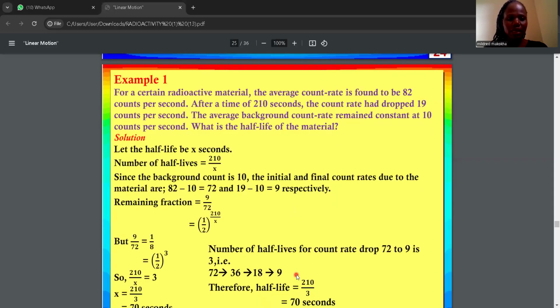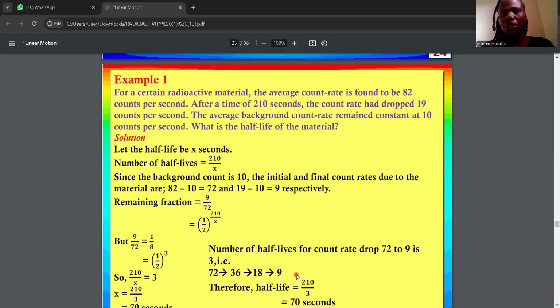For a certain radioactive material, the average count rate is found to be 82 counts per second. After a time of 210 seconds, the count rate had dropped to 19 counts per second. The average background count rate remained constant at 10 counts per second. What is the half-life of the material?